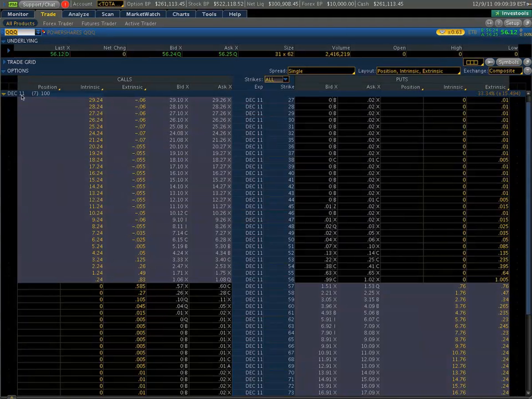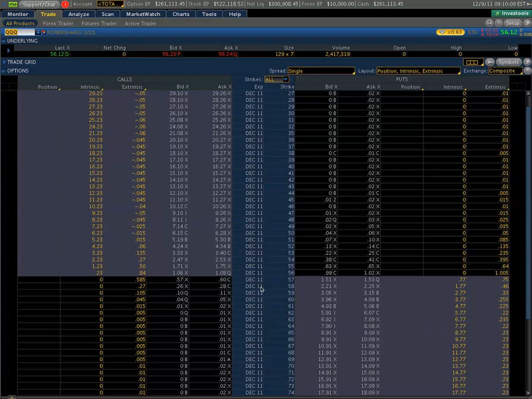These are the December 2011 call options and put options. A person interested in seeing the Qs go up would buy a call option. A person interested in playing the short side of this market would buy a put option. So if they thought the Qs were going down, they would buy a put option.